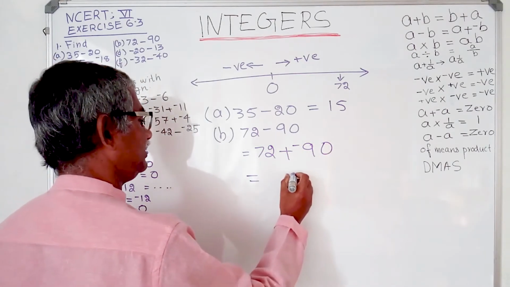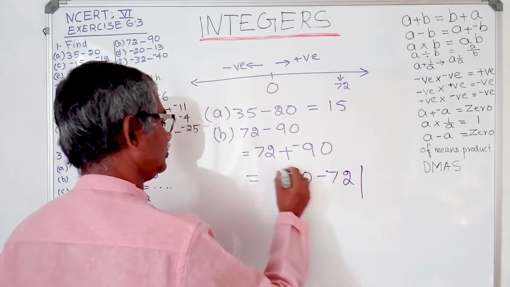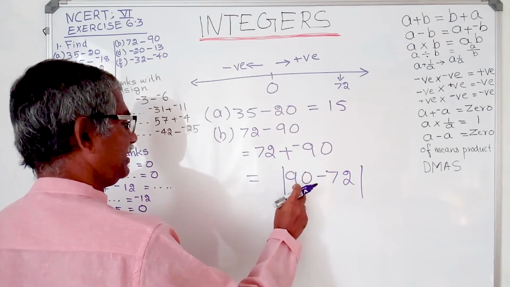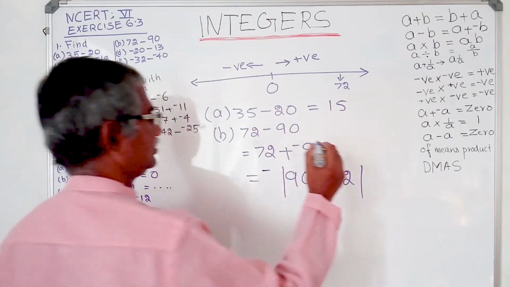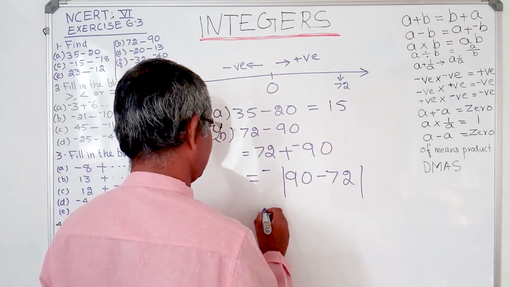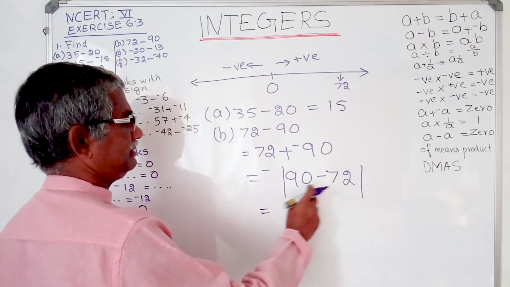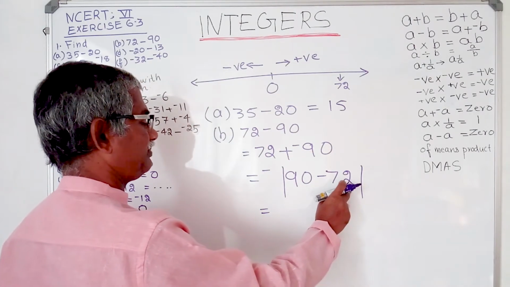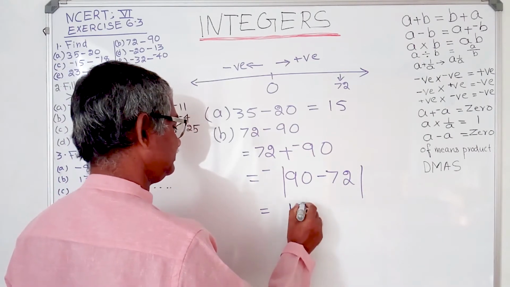Taking the difference of absolute values, put the sign of the number with the larger absolute value, that will be negative. So the answer will be 90 minus 72. 90 minus 70 is 20, again subtracting 2, less 2, 18.